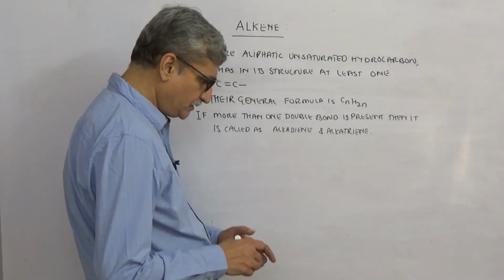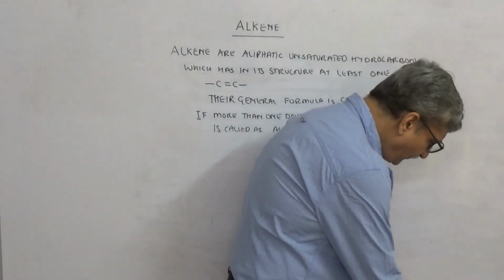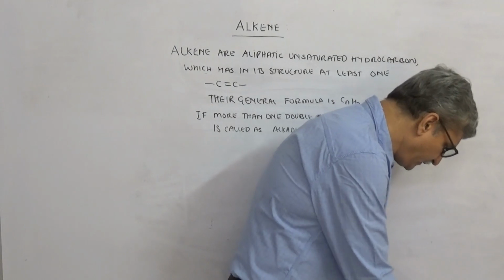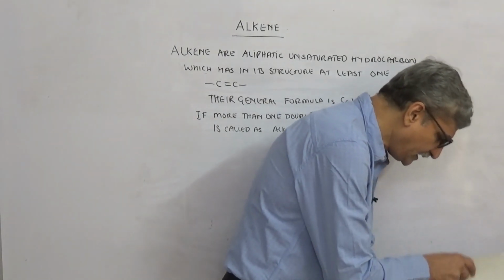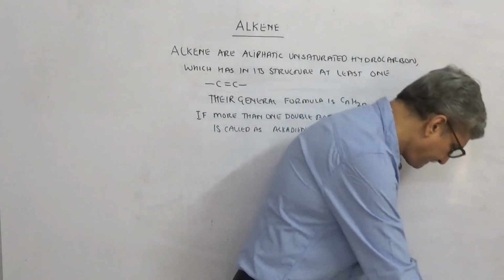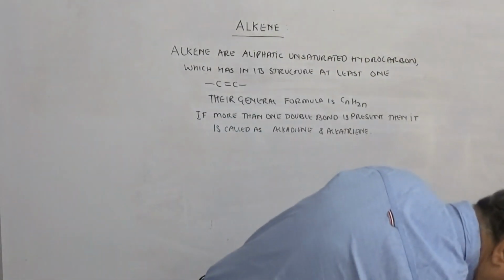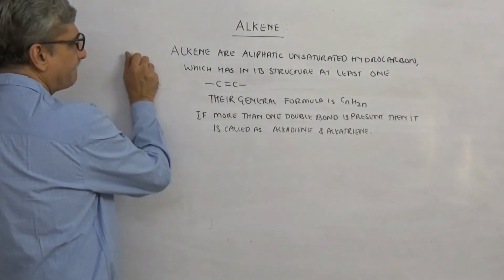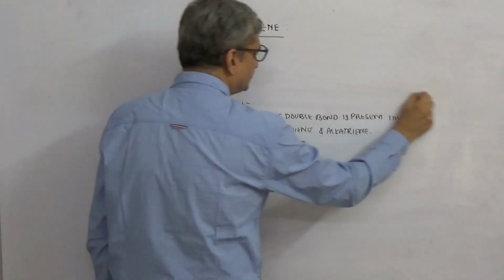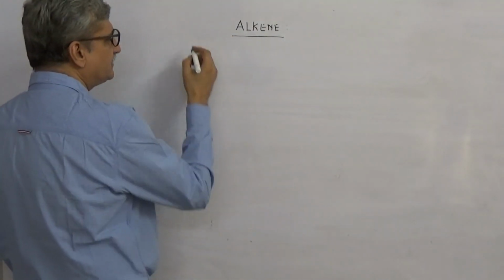Now we directly come to the nomenclature of alkene. We will talk of isomerism in alkene and then nomenclature. So we straight away talk about isomerism in alkene.